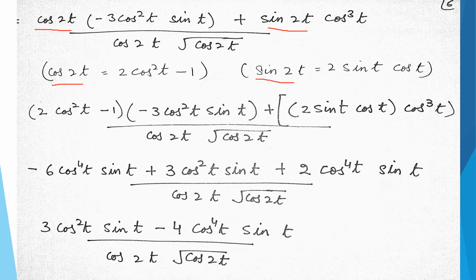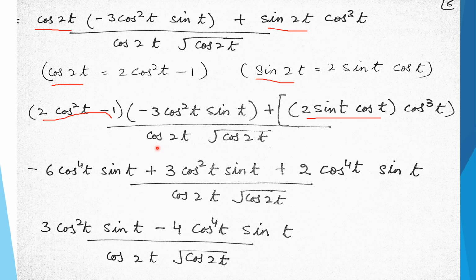Okay, so if I substitute, instead of cos 2t, I will be writing 2 cos square t minus 1, and here I will be writing 2 sin t cos t. I will be substituting the values with these formulas, and what equation will you get? You will get 2 cos square t minus 1 multiplied by the rest of the term as it is, minus 3 cos square t sin t plus 2 sin t cos t picked up from the formula multiplied by cos cube t as it is.